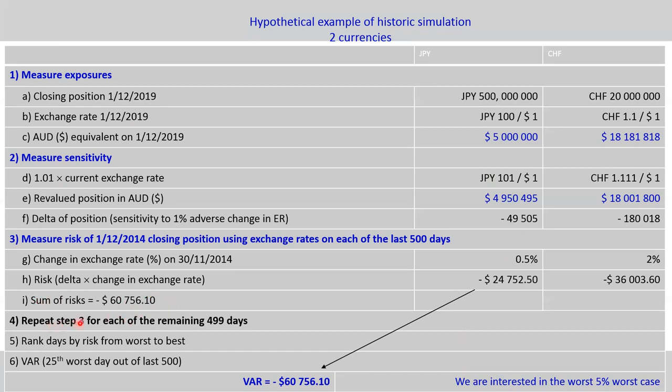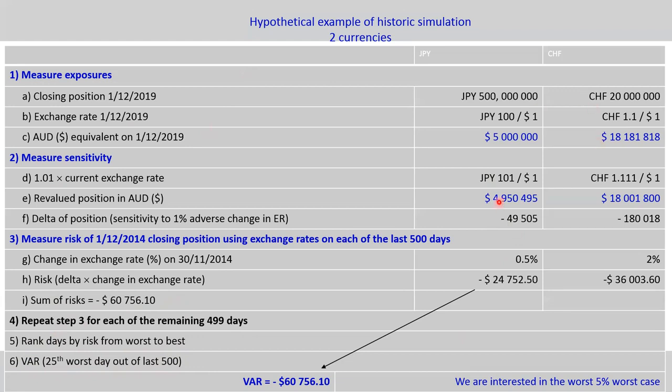Now you repeat this step for the next 499 days. You rank the days by risk from worst to best, and then you take the VaR, which is the 25th worst day of the last 500. This is actually 5%. This is how we calculate the VaR, and this is how what we call historical simulation works.